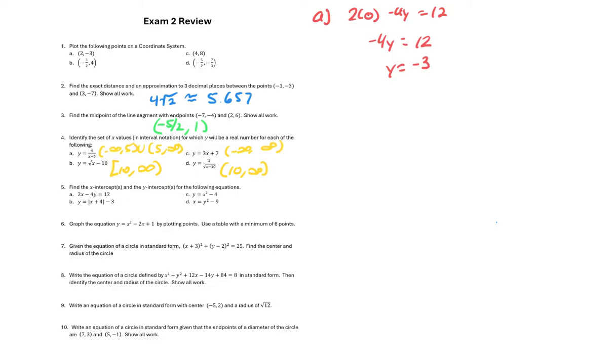As a reminder, that's the y-intercept. Then for the x-intercept, we will set y equal to 0. So you get 2x is equal to 12. x is equal to positive 6.